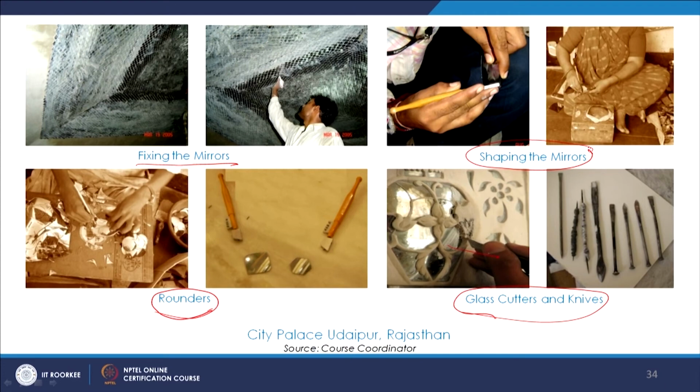So one would shape the mirrors by cutting them appropriately by using different tools, then one would fix them, and then there would be plaster and POP or lime, and then there are different kinds of forms and the craft that is created.